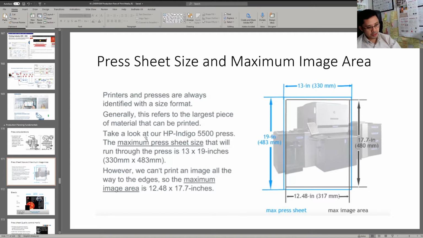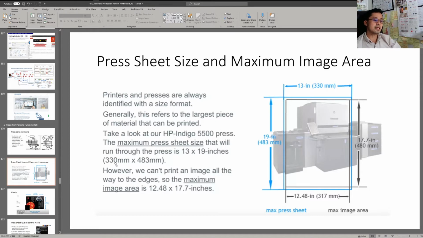However, we can't print an image all the way to the edges. Nampak? However, walau bagaimanapun, kita tak boleh cetak semua image, kita tak boleh cetak image sampai hujung kertas tu.